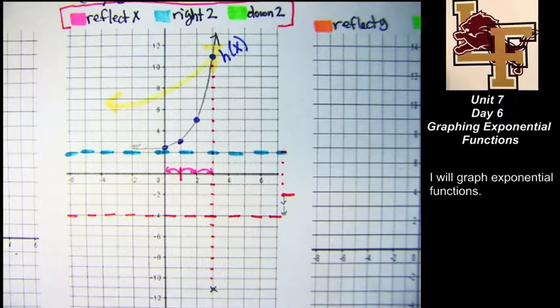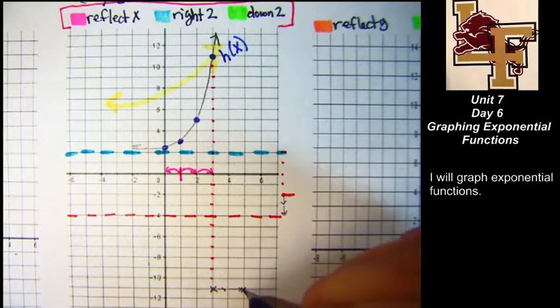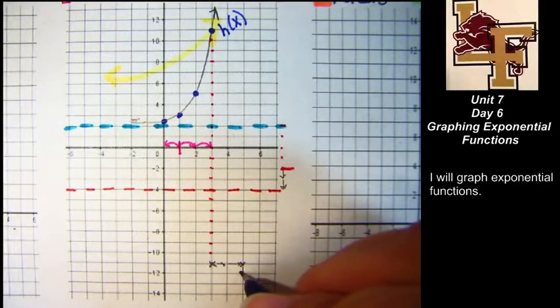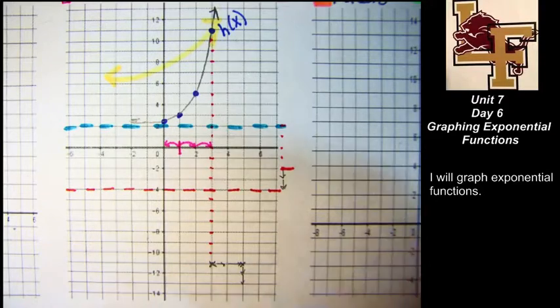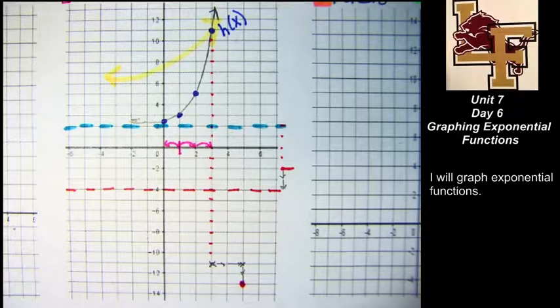Then from that location, I'm going to shove it 1, 2 to the right. It's now in this location. From there, I'm going to shove it down 2 spots. It is now in that location.